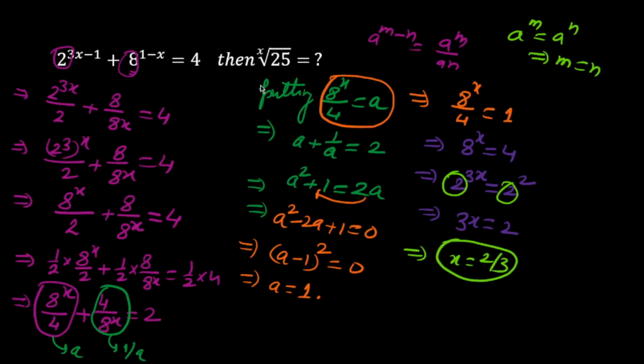So we are required to find the xth root of 25. This means 25 power 1 by x. If x is equal to 2 by 3, then 1 by x is equal to 3 by 2.